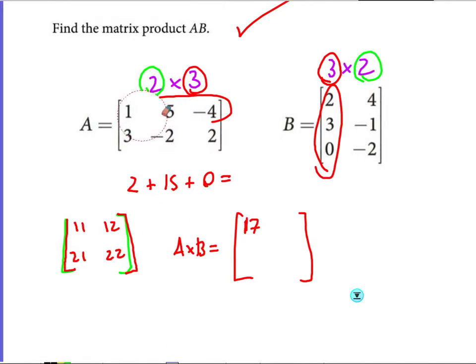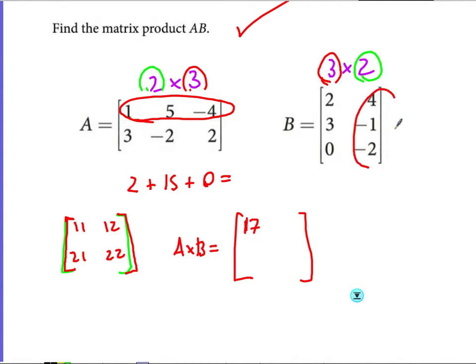Okay. Let's go ahead and take a look at what goes here. Looking at this guide again, it says to look at the first row of the first matrix and the second column of the second matrix.